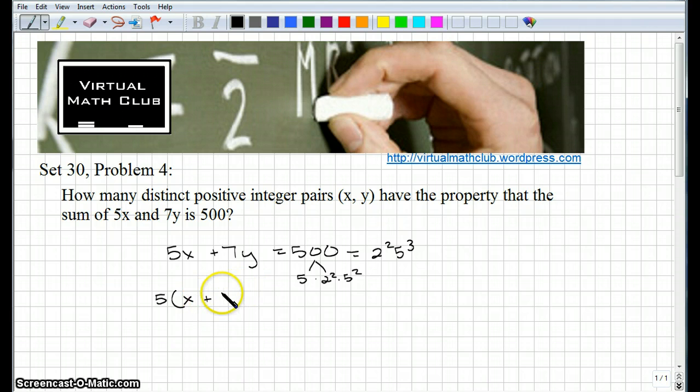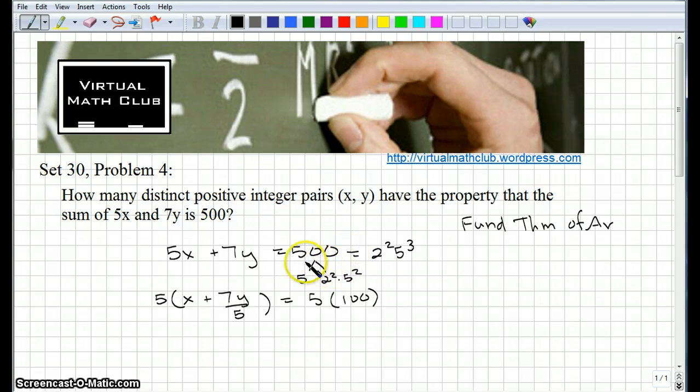But when I take a factor of 5 out of this, I get 7 over 5, and that's equal to 5 times 100. And the reason I can do that is because of the fundamental theorem of arithmetic, which just says that every positive integer has a unique prime factorization.